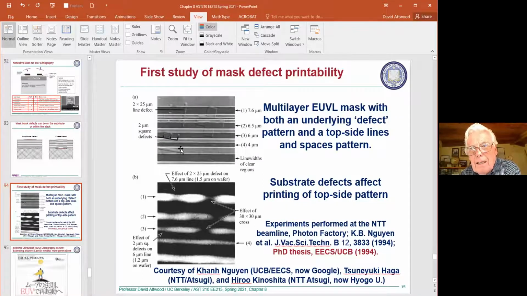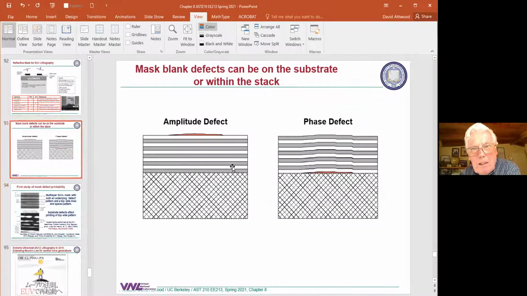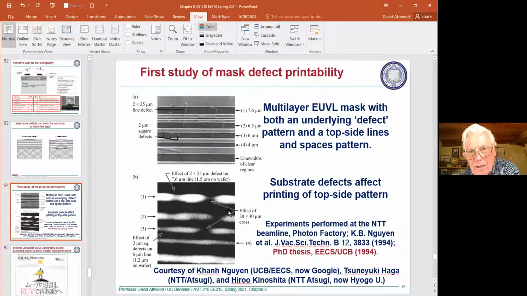And then Tai put a multi-layer coating on top of it, and then Con went back and put the lines and spaces on top of that, and they went to print. And the question was, this pattern he put on the bottom, would it affect the printing of the pattern on the top? And it does. You could see where these different things were. So this was the first ever experiment on so-called defect printability.